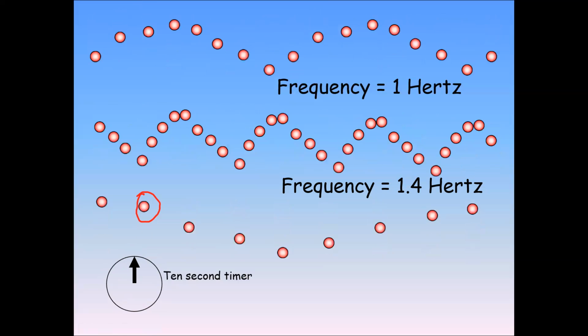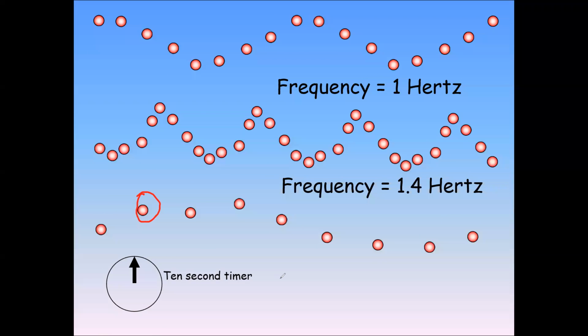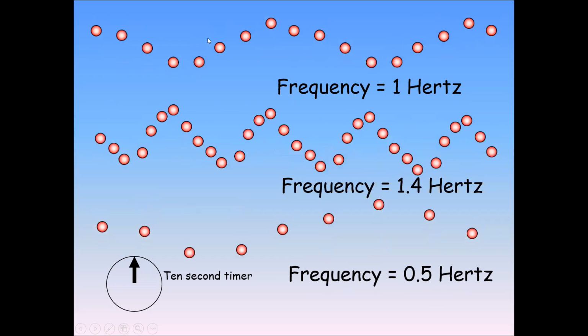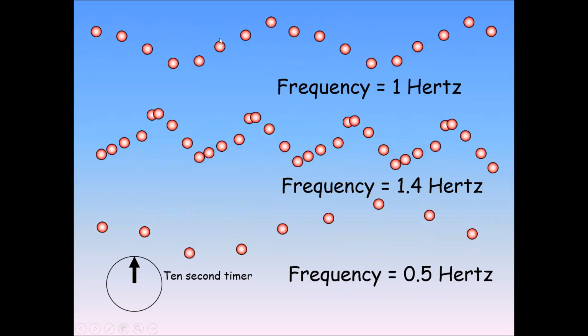So there are 5 vibrations in 10 seconds. In 1 second it will be x, so 5 divided by 10. So what will be the frequency? It will be 0.5 hertz.